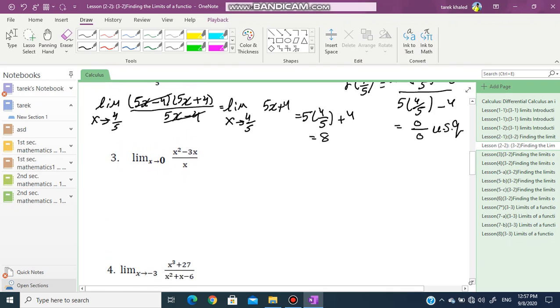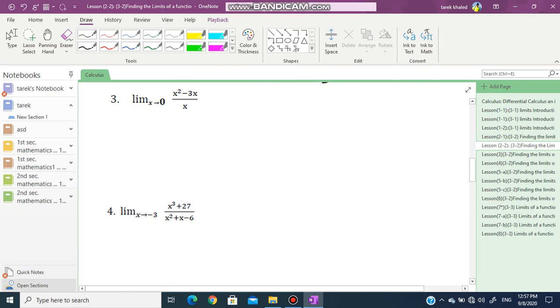Let us move to the third one. Limit x tends to 0 of (x^2 - 3x) over x, by substituting x equals 0. So f(0) equals 0^2 - 3 times 0 over 0. It will be 0 over 0, an unspecified quantity. So I will factorize the numerator.